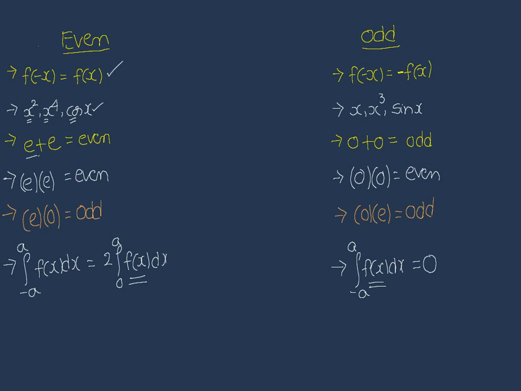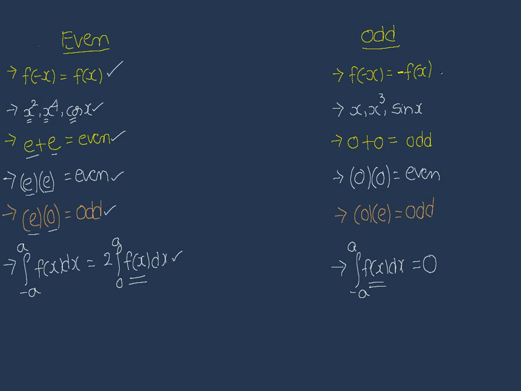So an even function plus an even function, again you are going to get an even function. Product of two even functions we have discussed, that is also an even function. An even function into an odd function, you are going to get an odd function. Similarly, integral minus a to a f of x dx is nothing but 2 integral 0 to a f of x dx if f of x is an even function.